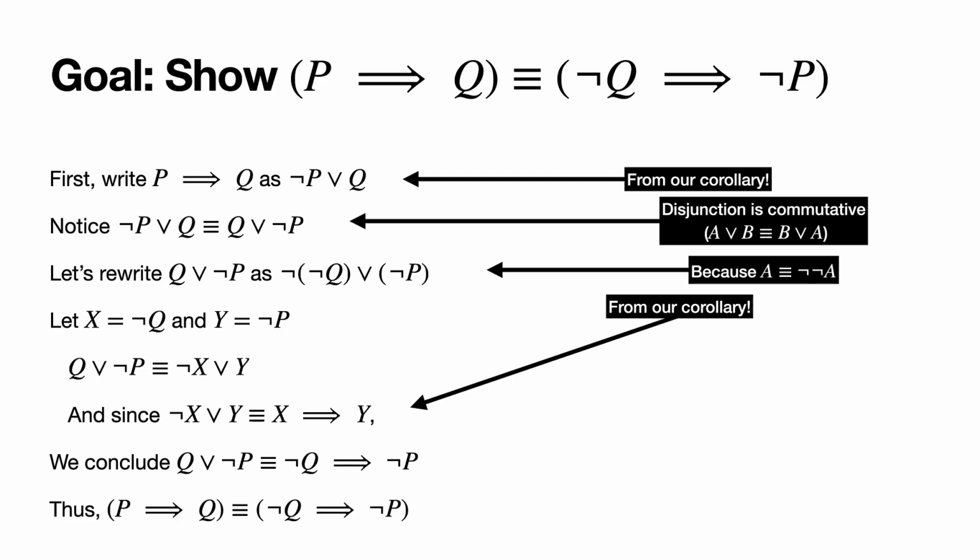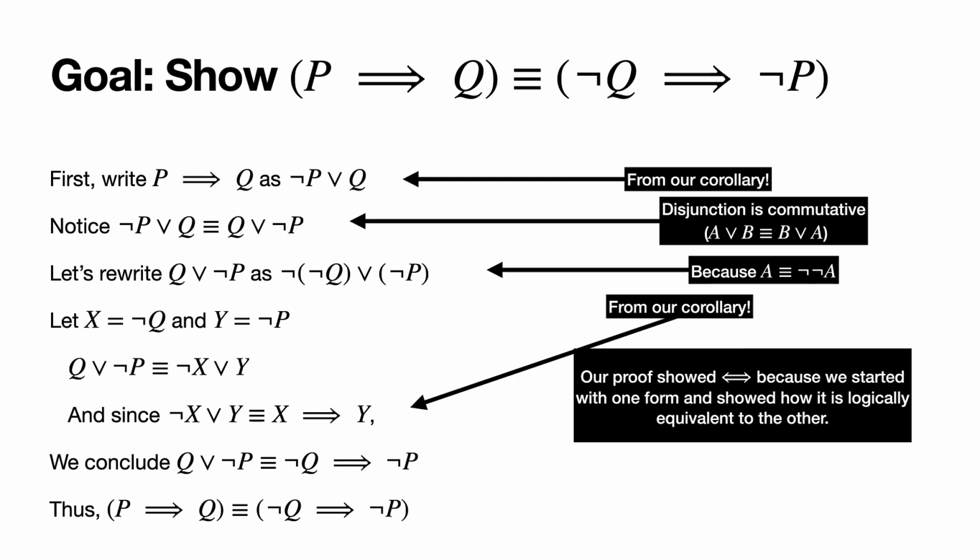We have shown that if we start with P implies Q, by doing all of these steps that are all logically equivalent, we get something that is of the form not Q implies not P. So our proof showed the if and only if direction. It showed logical equivalence because we started with one form and showed how it is logically equivalent to the other. So every step in this proof used logical equivalence. So this isn't just one way.